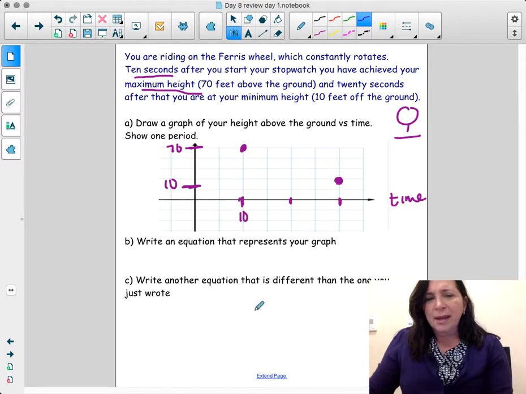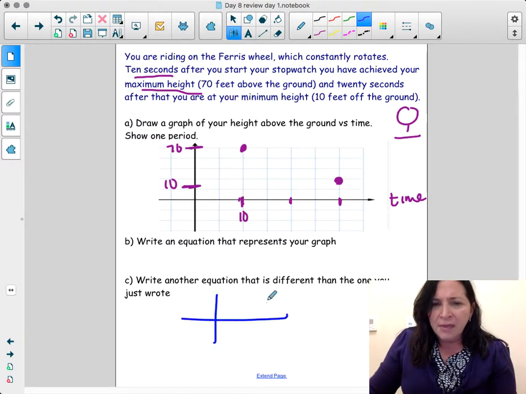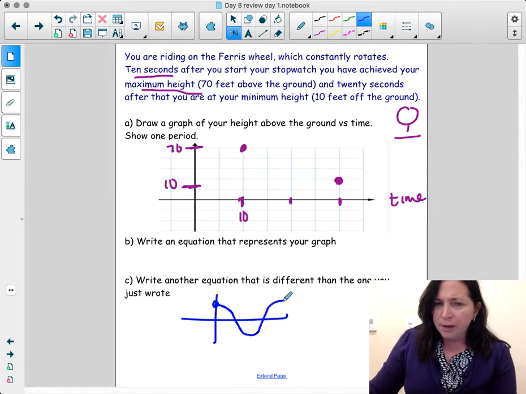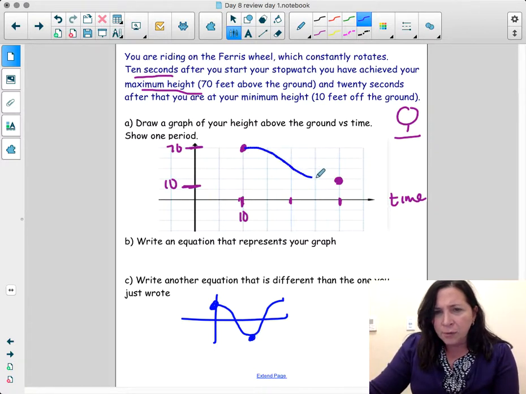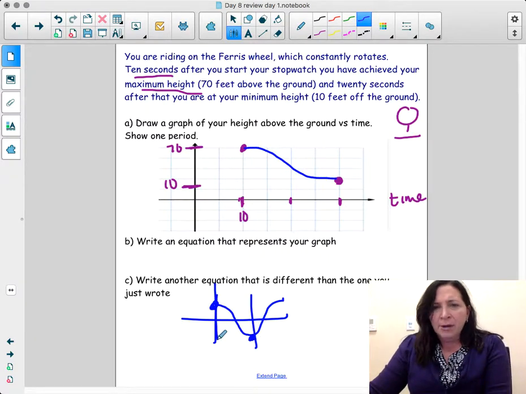So what I would like you to remember is this: a cosine wave starts high, goes down, ends high. So what we have is this high point and this low point, which is basically half of my graph.